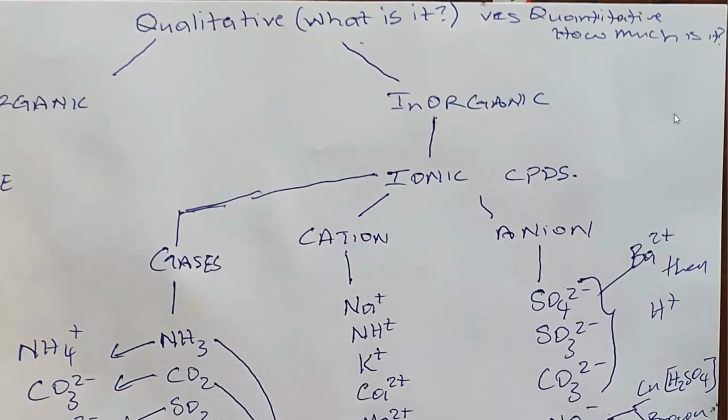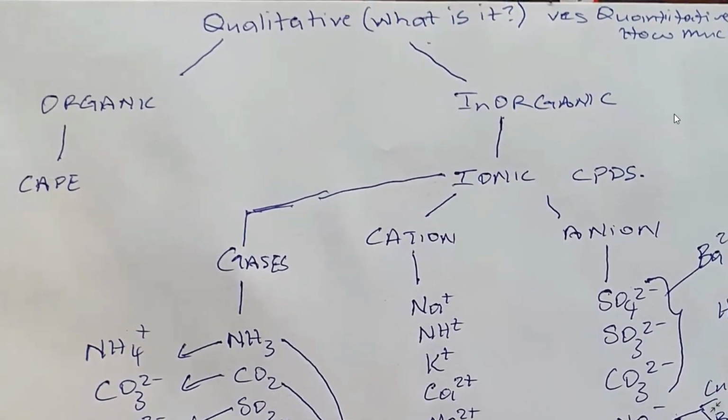Now, for your purposes at CSEC level, qualitative may be divided into organic, which you'll do at the CAPE level, or inorganic, which is done at the CSEC level. So your focus now is inorganic qualitative analysis.